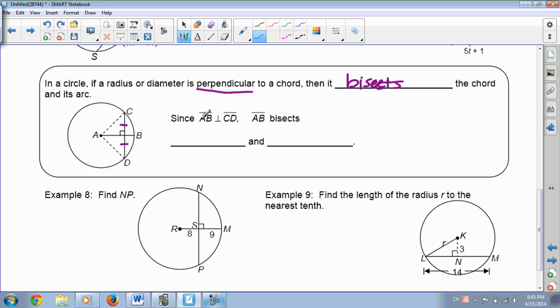So since AB is perpendicular to CD, that's why it has a right angle right here, AB bisects not only this chord here, but it also bisects its arc. So it's cutting this arc, CD, in half.